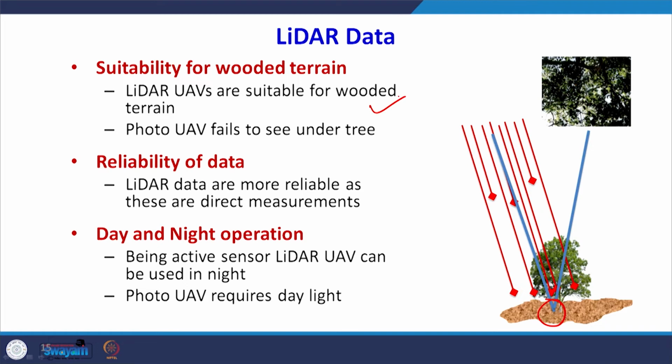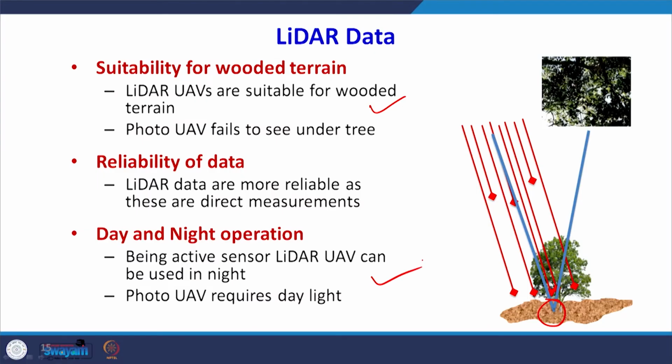So for wooded areas, for forested areas, this is a very useful technology, because if we are taking pictures or images, they will be obstructed. So the reliability of the data is very, very high. It can operate in the day and night time as well.